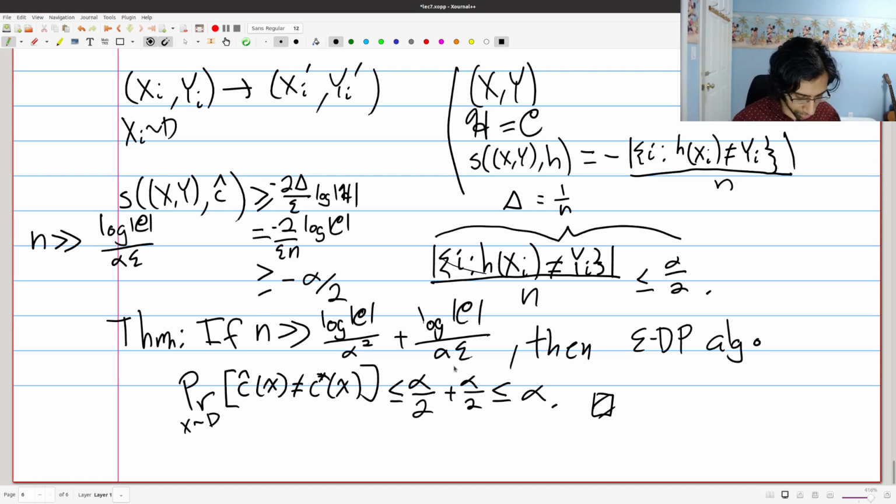So all we did was a few examples to really show you that the exponential mechanism is very powerful and very easy to use. Once you define the score function and the set of objects correctly and then compute the sensitivity, it's very simple to apply, and it'll give you some good algorithms with fairly little work. It's a good starting point in the sense that it'll get you good accuracy.